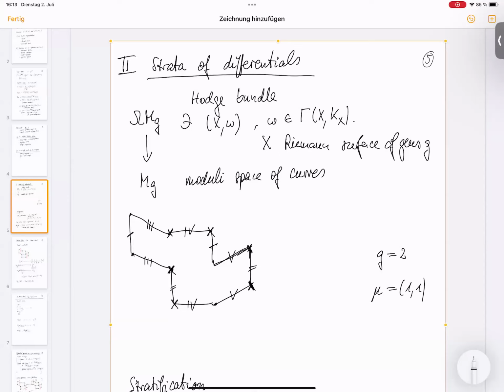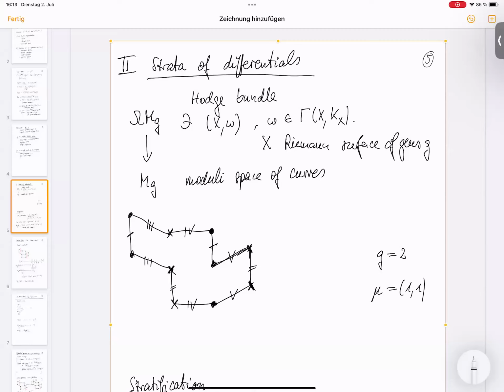And in the same way, there's a second point, namely this point, that gets identified, where I'm drawing a thick black dot. So there are two special points.